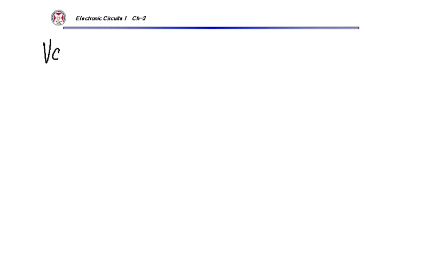So if gate source voltage is smaller than threshold voltage, this threshold voltage may be around 1 volt, then my drain current is 0. This is cutoff.